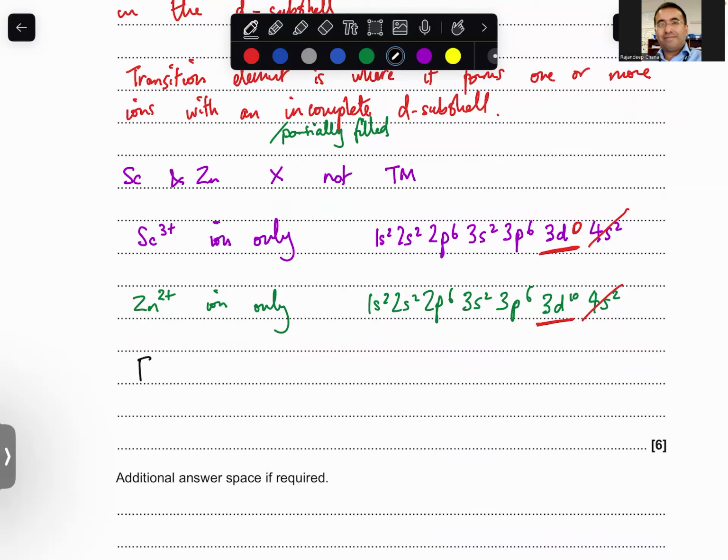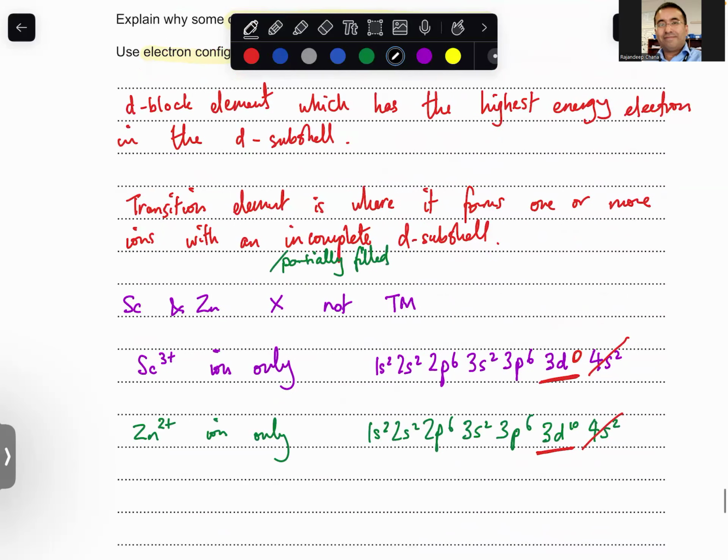You've got iron. Let's look at the atom. We're using iron, so let's put the electron configuration here. Fe, the atomic number is 26, 1s2.